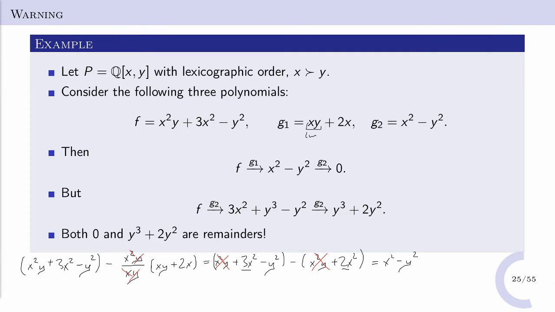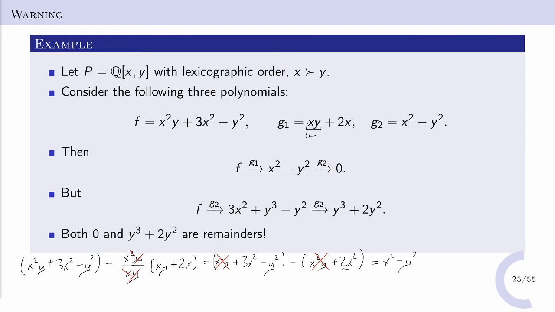This is x squared minus y squared, which actually equals g2. So it is not surprising that if we just reduce x squared minus y squared modulo g2, then we arrive at 0. So 0 is a remainder of f modulo g1 and g2.